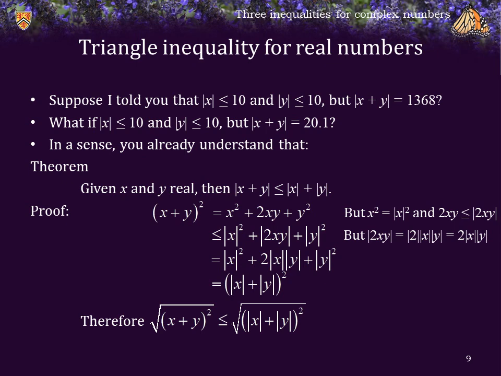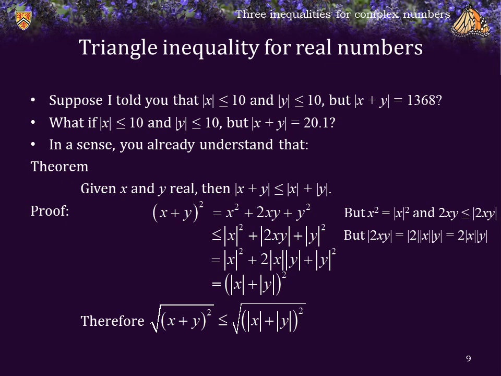Because they are both positive and the square root function is monotonic, it follows that this statement is indeed correct. However, wait a second, the left-hand side is by definition the absolute value of x plus y. On the right-hand side, I have the absolute value of the absolute value of x plus the absolute value of y.